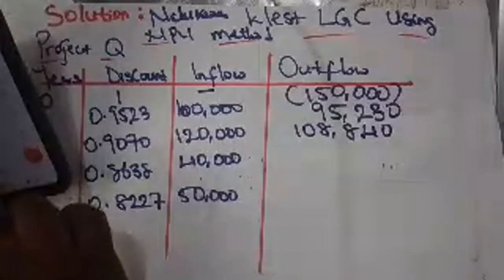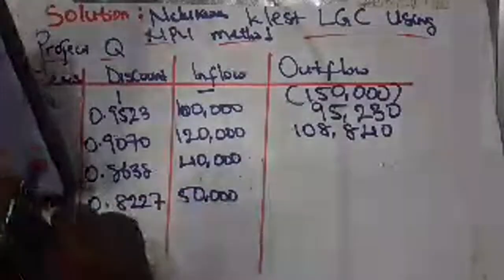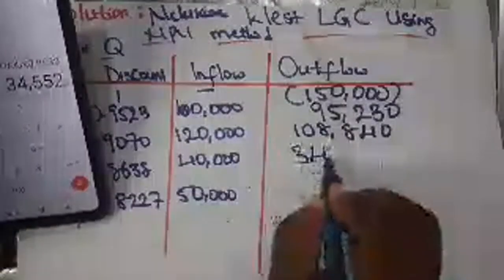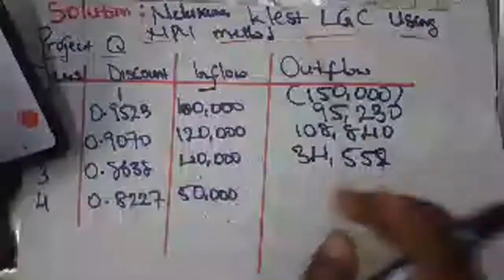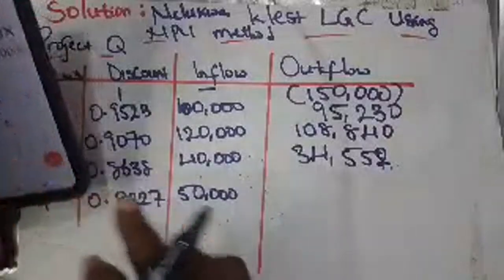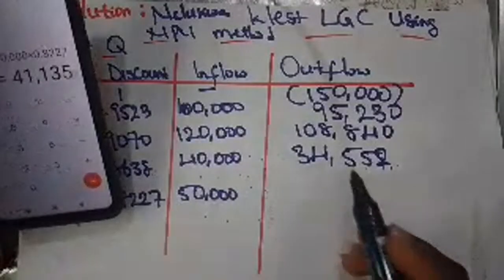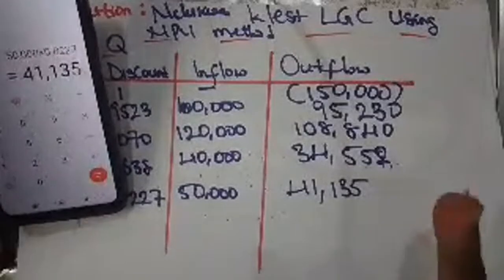For year 3, 40,000 times 0.8638. It's 34,552. Then for year 4, this place looks congested. Sorry for that. For year 4, 50,000 times 0.8227. It gives 41,135. So what's the next step?